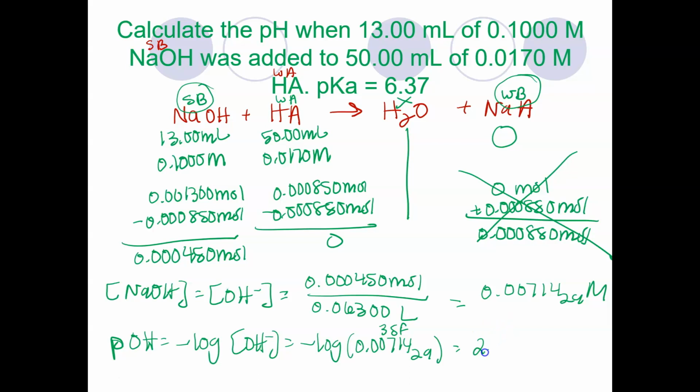I get 2.146. pH plus pOH equals 14. So pH is going to be equal to 14 minus 2.146, so 11.854 is my final pH.